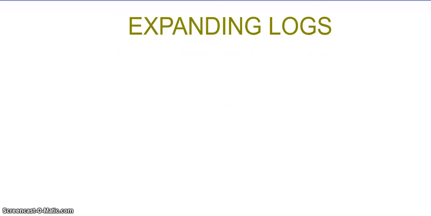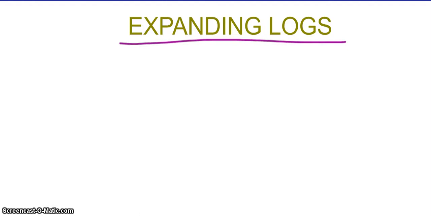Okay, now let's look at expanding logs. So this is a property of logs. It directly relates to our properties of exponents. And what it does is it allows us to take a single log expression and spread it out or split it up into multiple log expressions using addition or subtraction, depending on what we were originally given.